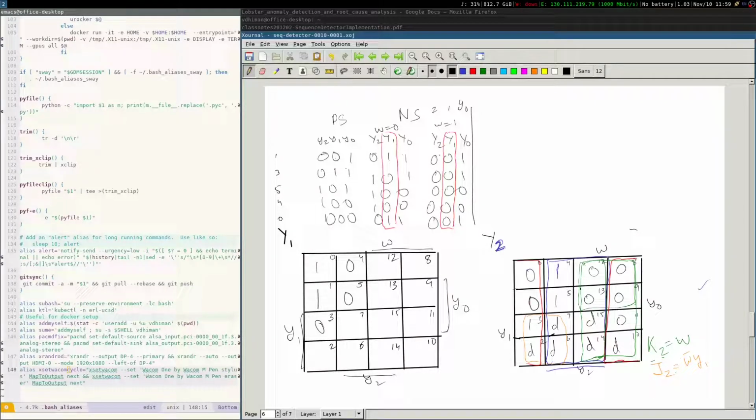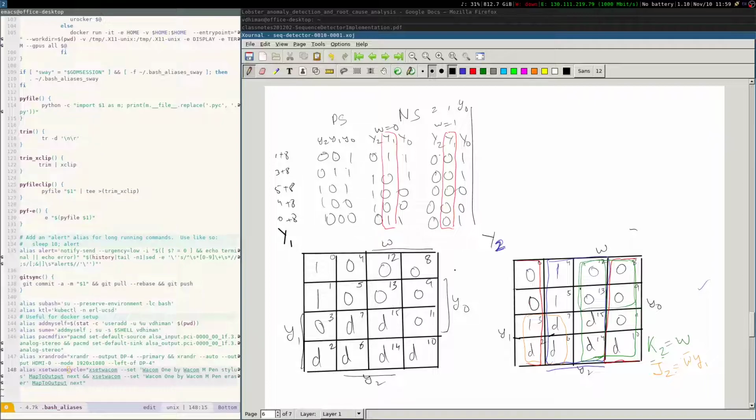And then we have D's here. Then we add 8 to it to get w equal to 1. So on 9 it's 0, on 11 it's 0, on 13 it's 0, on 12 it's 0, on 8 it's 0, otherwise it's D.